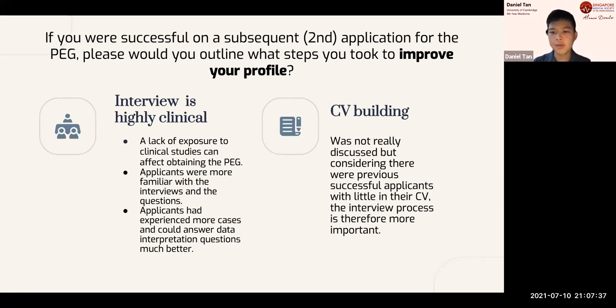And in terms of CV building, as was previously said, it wasn't as important when compared to the interview. So in terms of second applications, it's really just working on clinical studies, on the cases, and on presenting them well to the interviewers. Yeah.